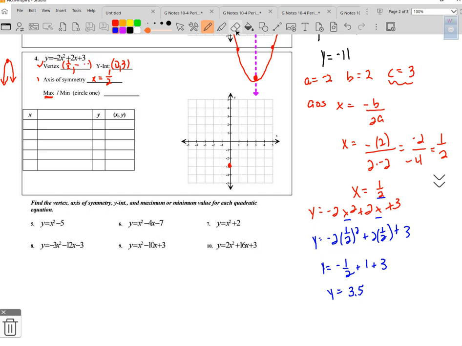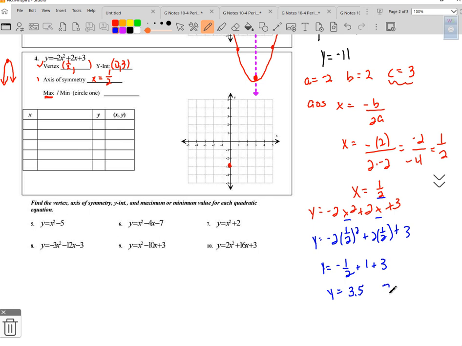So we are going to get rid of all this messy stuff up here. Now we know that our y-coordinate is 3.5. If we do it on our calculator, we can turn that into a fraction.